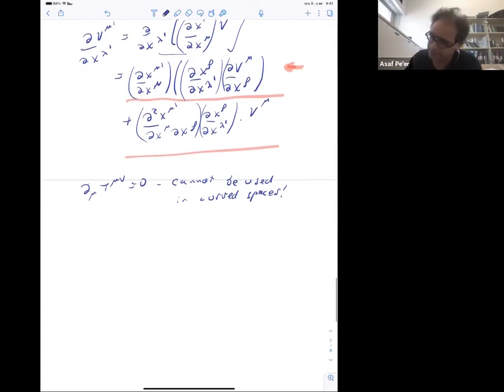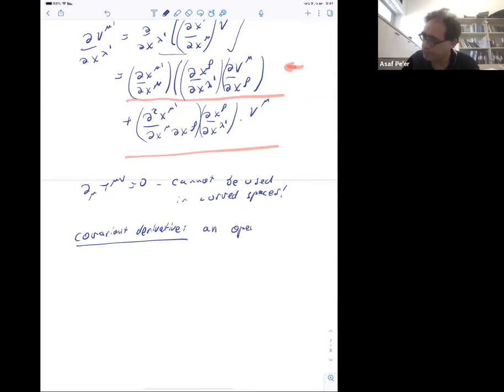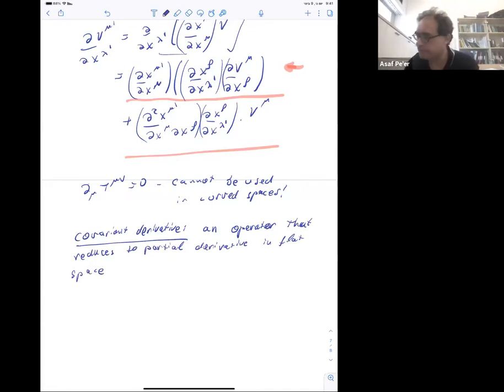Okay, so a covariant derivative is an operator that reduces to partial derivative in flat space but transforms like a tensor on arbitrary manifold.